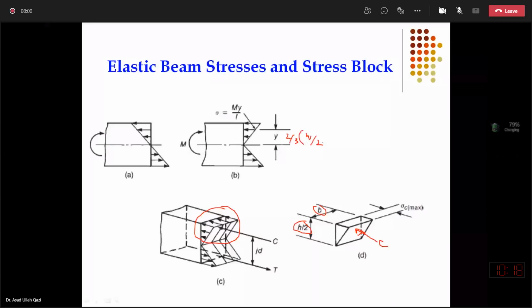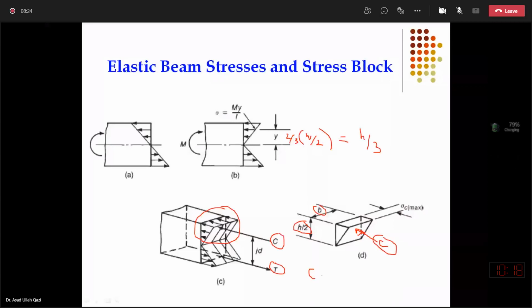So 2 and 2 will cancel, so from the neutral axis to the point of application of the resultant force will be h/3. In this way the internal couple between C and T keeps the section in equilibrium.